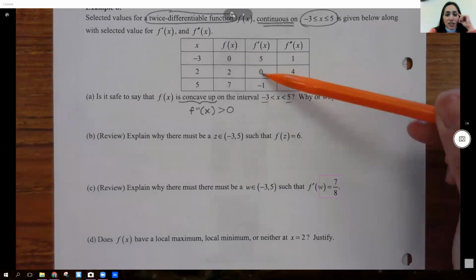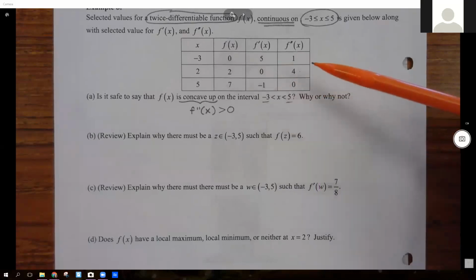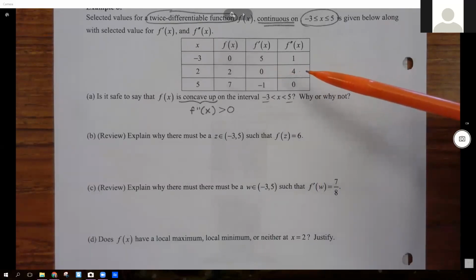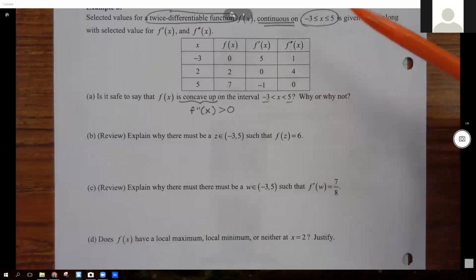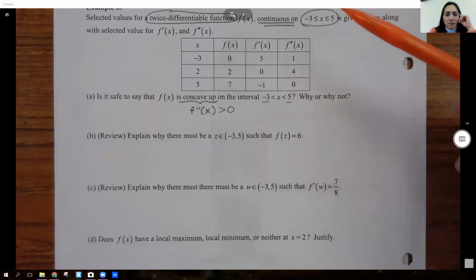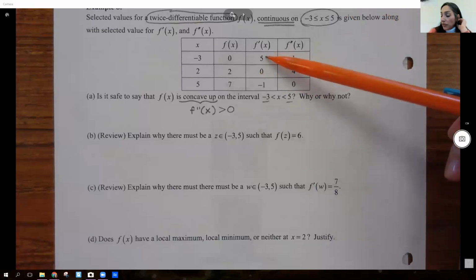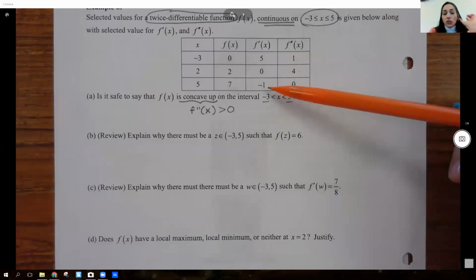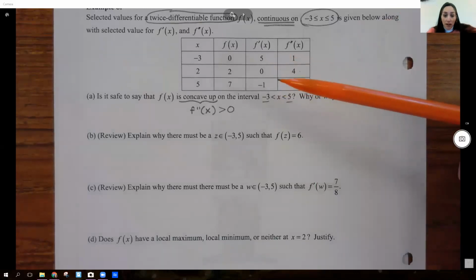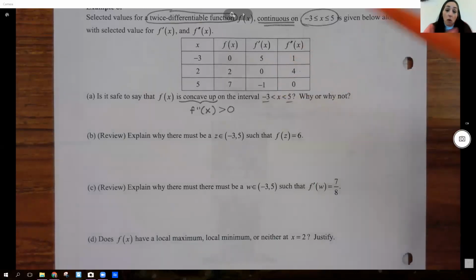Yeah. So I said no because since we can't see every single point or the graph, couldn't it just be wiggling around the whole time? We don't know what it's doing. Yeah. We do know that the first derivative is positive and that it's negative. So we know there's some kind of dip going on there, but who knows?